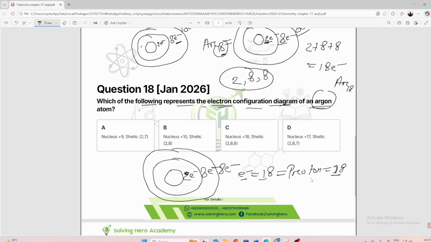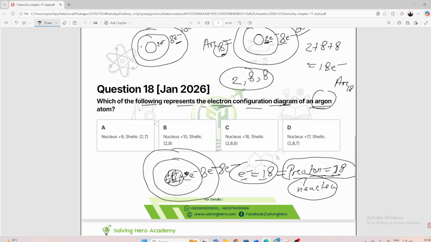Am I clear? The protons stay in the nucleus, so the 18 protons will stay in the nucleus.